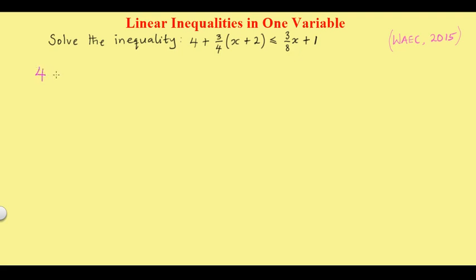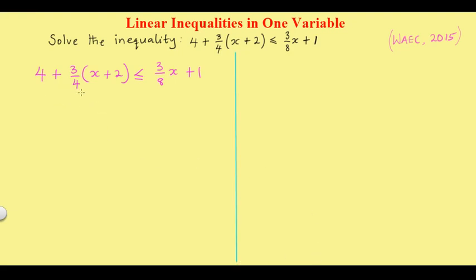4 plus 3 over 4, open bracket, x plus 2, less than or equal to 3 over 8x plus 1. In doing this, we approach it the regular way we approach equation.